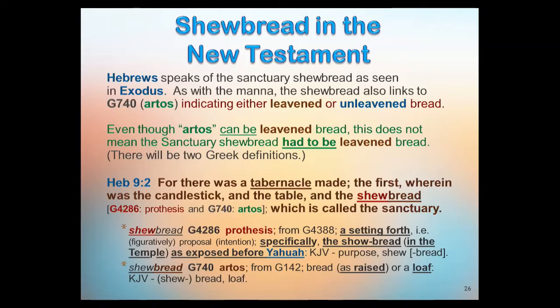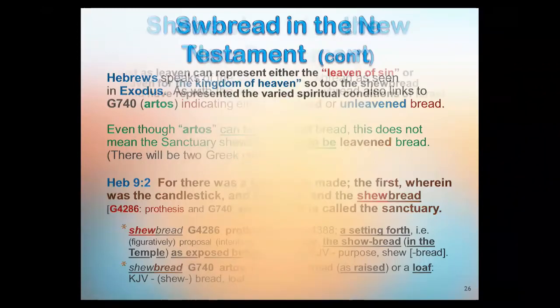Well, the show part of showbread is prostheses, and it happens to mean a setting forth, specifically the showbread in the temple as exposed before Yahuwah, a setting forth. And for bread, we have artos. Again, we know that artos is a raised loaf, and in the King James, it can be used as showbread.